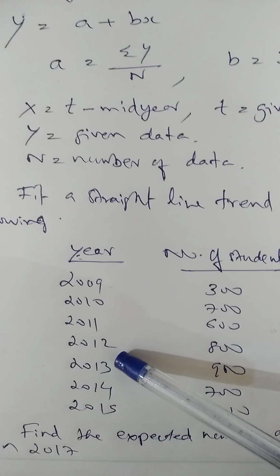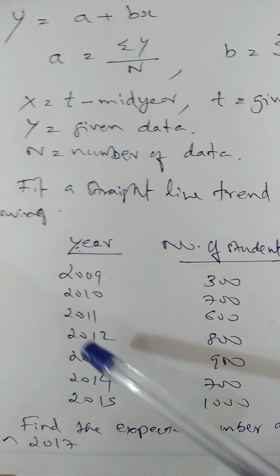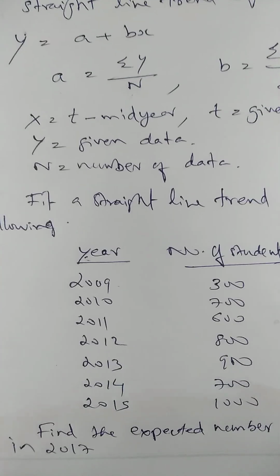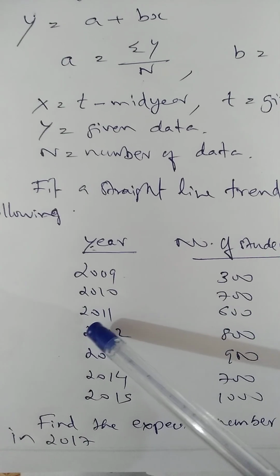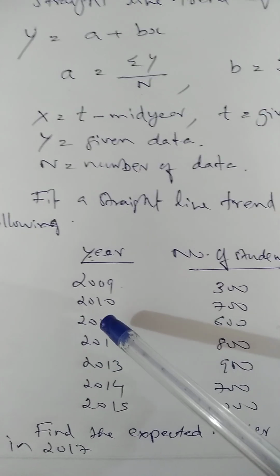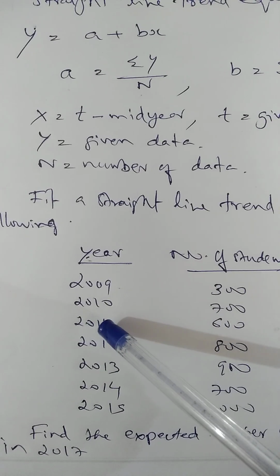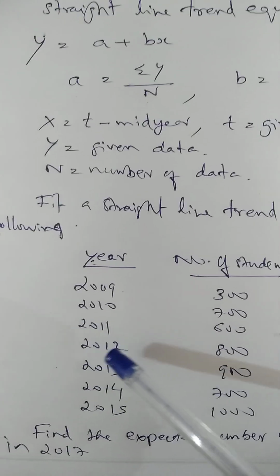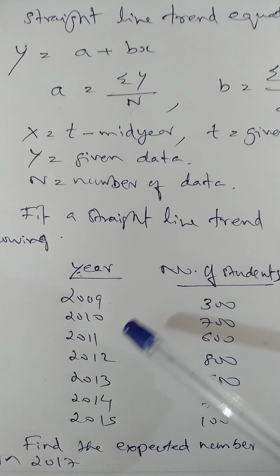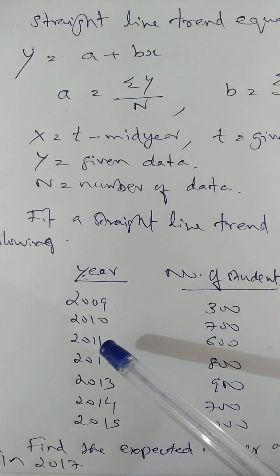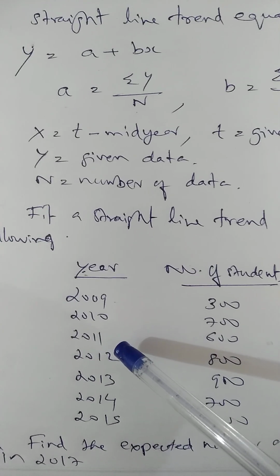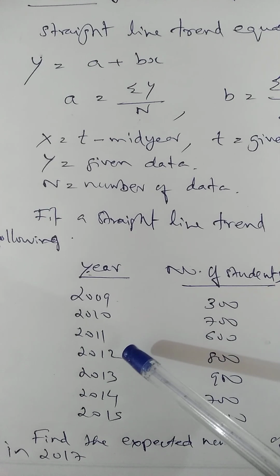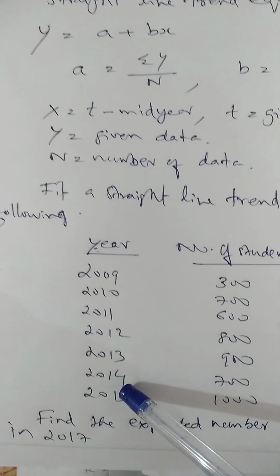Below that there are 13, 14 and 15. So we have to consider 2 years as mid-year and then average that. Means 2011 and 2012 are the 2 mid-years, isn't it? So add that and divide it by 2. 2011 plus 2012 divided by 2. Then 2011.5 should be taken as the mid-year. So that 2011.5 should be deducted from each year.